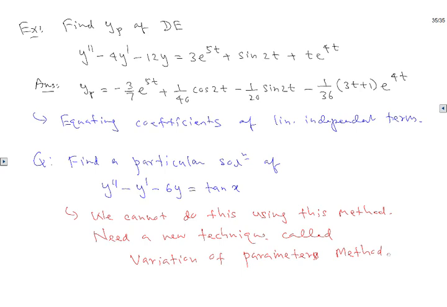It can handle a larger class of functions like these.